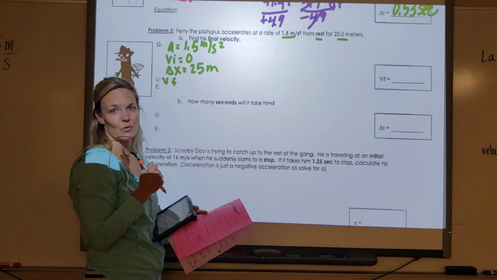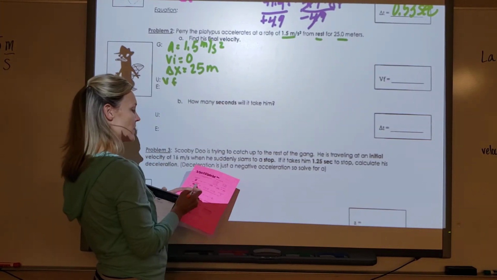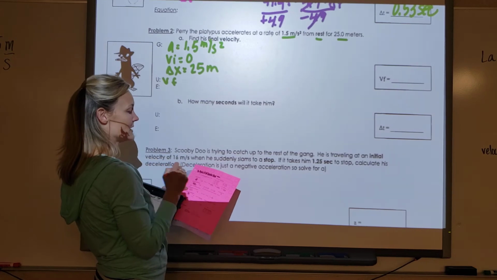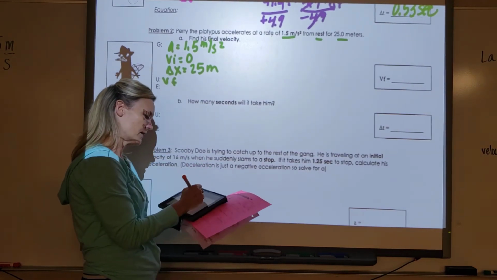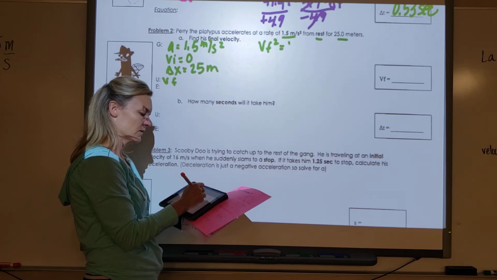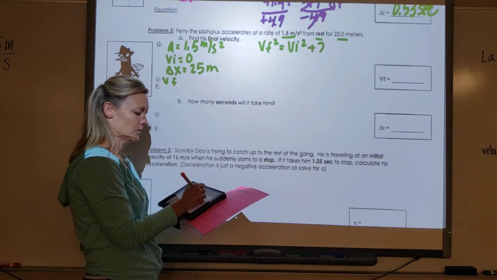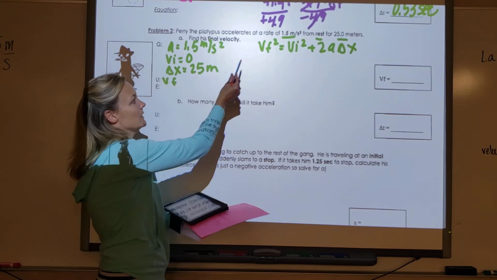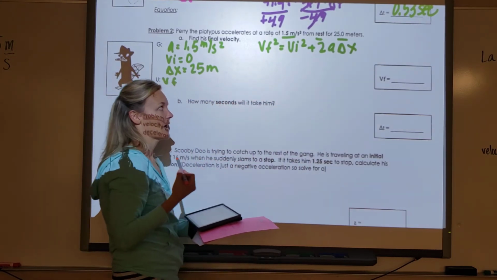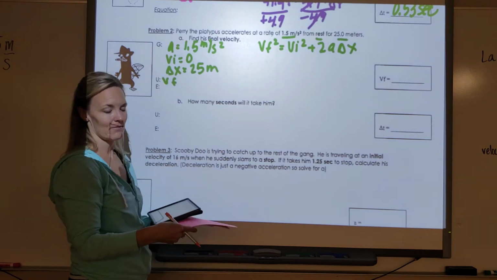I can't use that equation to find vf. So then I shift to the second one, vf squared equals vi squared plus 2a delta x. I have vi, I have a, and I have delta x. I can use that to solve for vf.